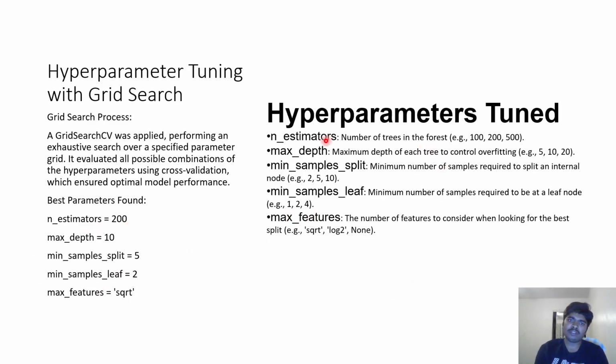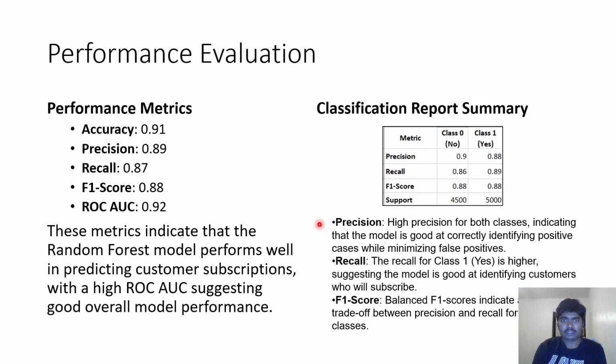I used these hyperparameters for the grid search: number of estimators, max depth, min samples split, min samples leaf, and max features. These are the hyperparameters I used for tuning in the grid search. With the help of that, I finally found a perfect performance metrics.